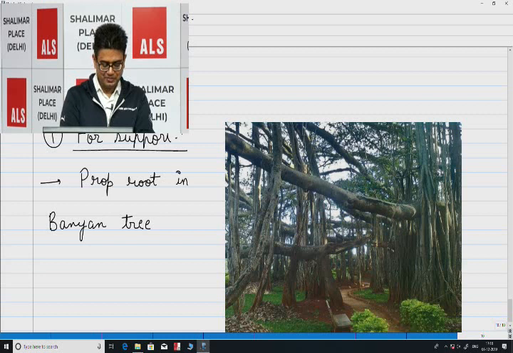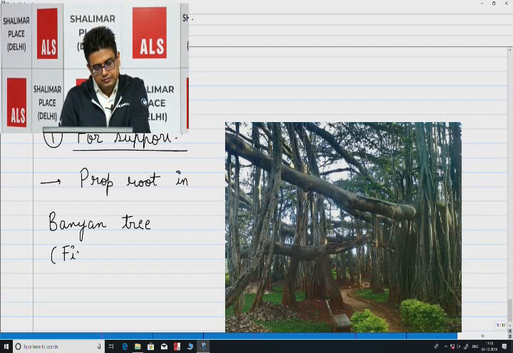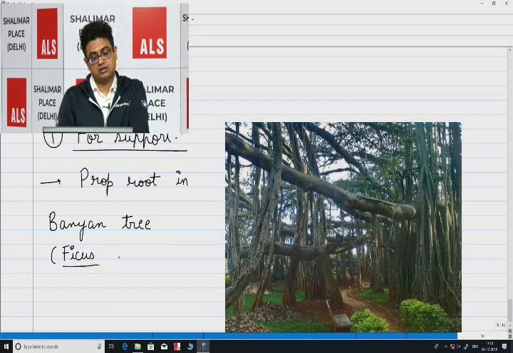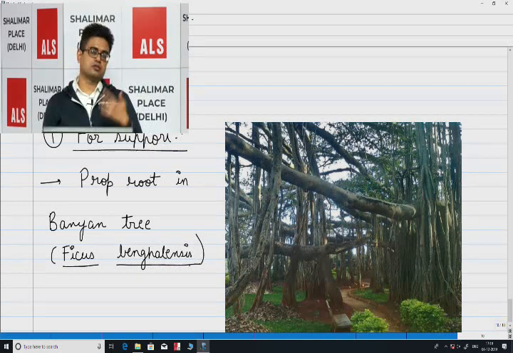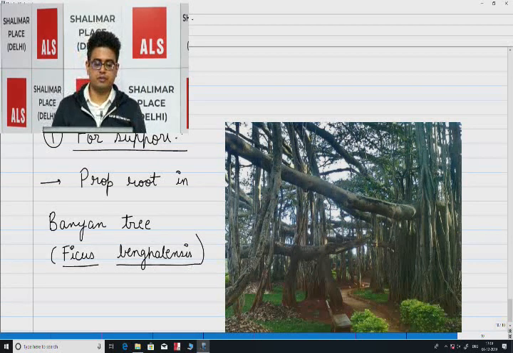Okay, it's all right. You can just write Ficus bengalensis. It's from the Great Indian Banyan tree, that Bengal banyan, that this name was developed. So it's in West Bengal also. But the banyan tree's botanical name is Ficus bengalensis.